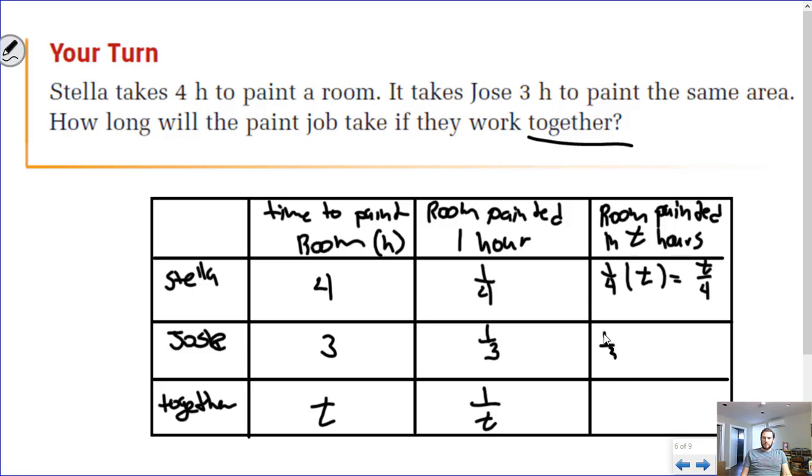Jose can paint a third of the room in 1 hour, so if we take 1/3 and multiply it by T, we get T/3. And for both of them working together, we know that they can paint the whole room in T hours. So if we take 1/T and multiply it by T hours, that means they've painted one whole room.